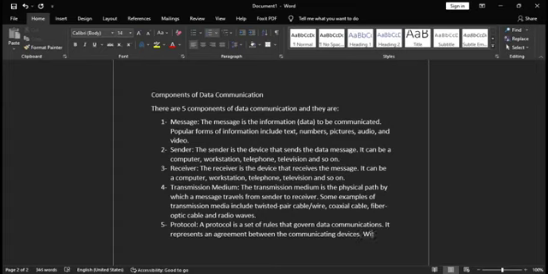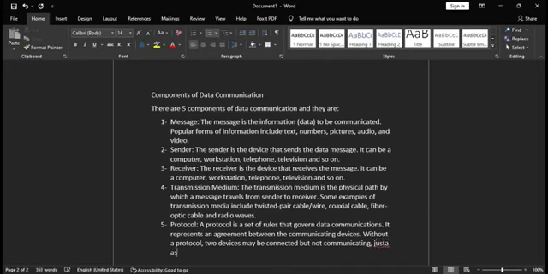Without a protocol, two devices may be connected but not communicating.